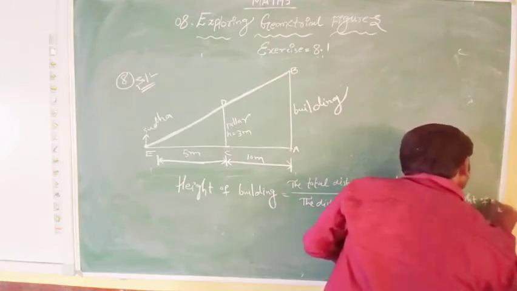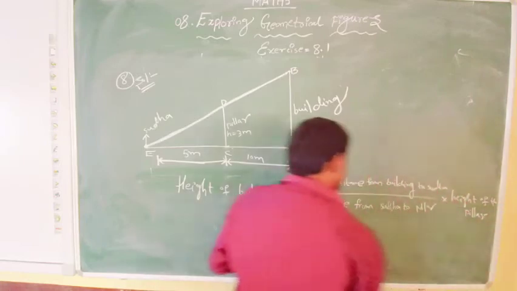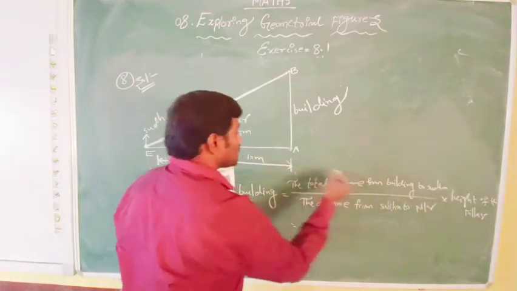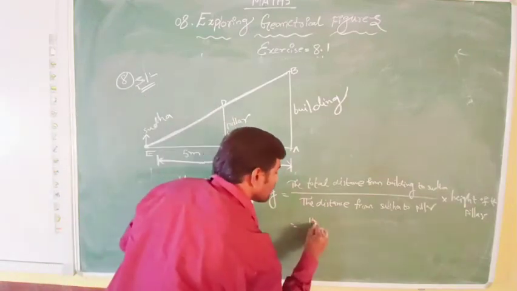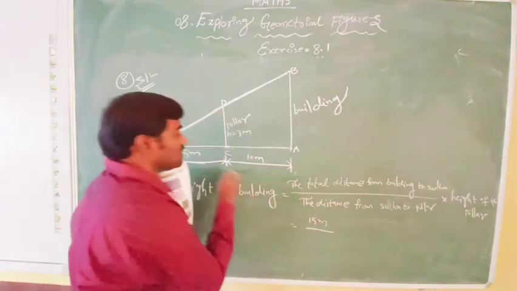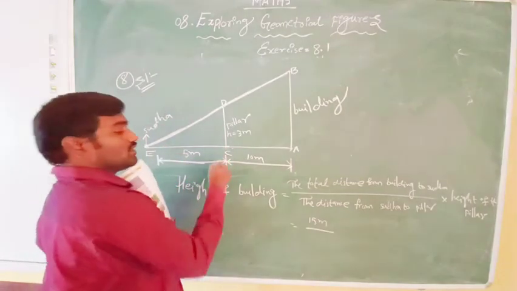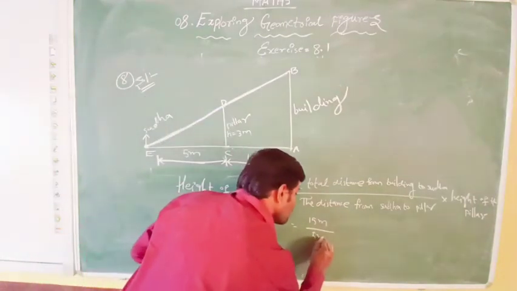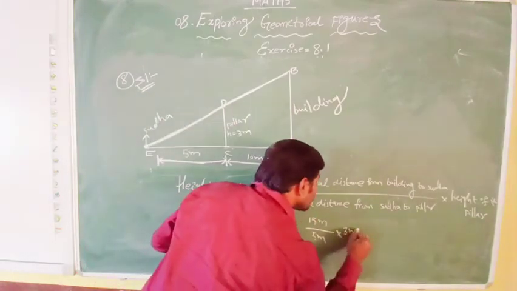Height of the pillar. Here the total distance is 5 meters plus 10 meters is 15 meters, and the distance from Sudha to the pillar is 5 meters, into the height of the pillar, which is 3 meters.